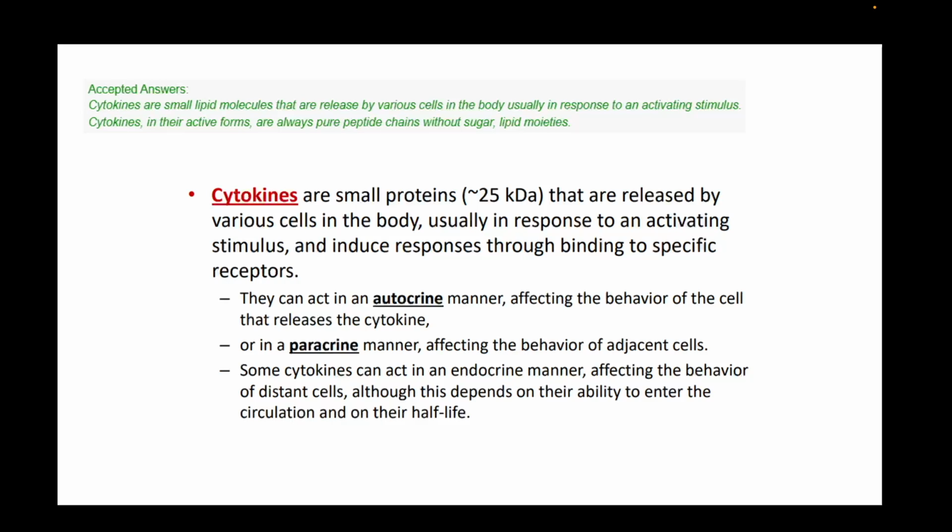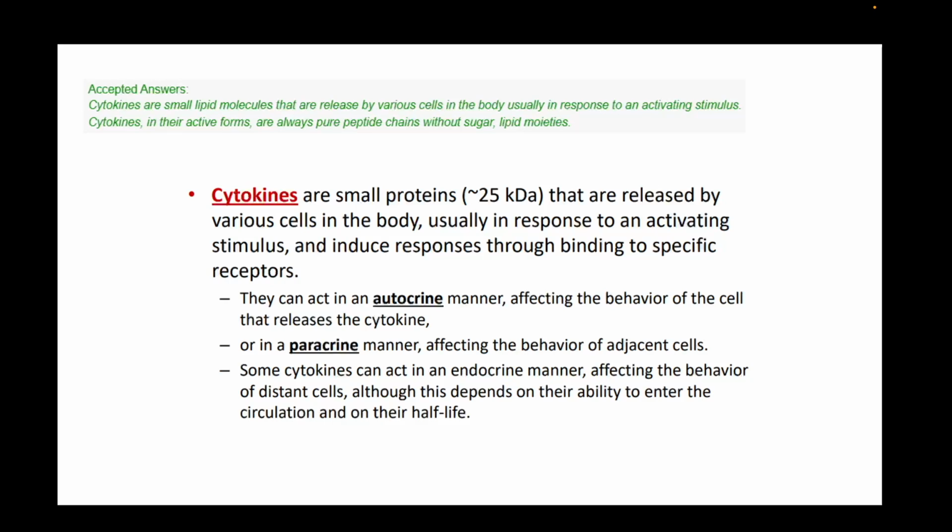Next is cytokines in their active forms are always pure peptide chains without sugar or lipid moieties. As I said in my previous option, this is also incorrect because many cytokines can also be glycoproteins, that is not pure peptide chains but with some modifications with glycosylation, that can contain sugar moieties or some other modifications.